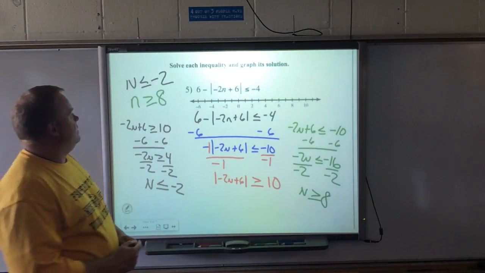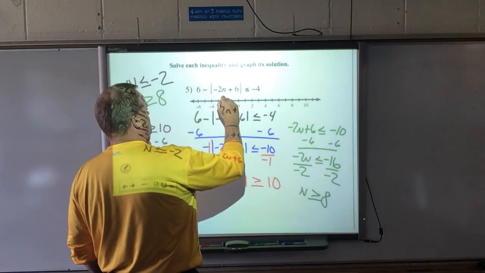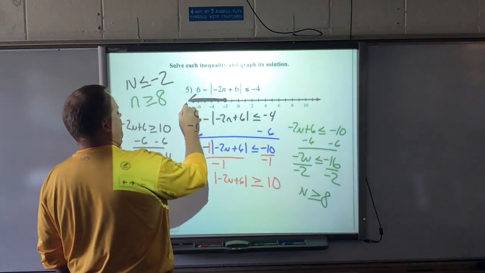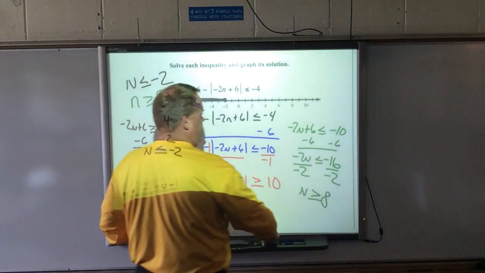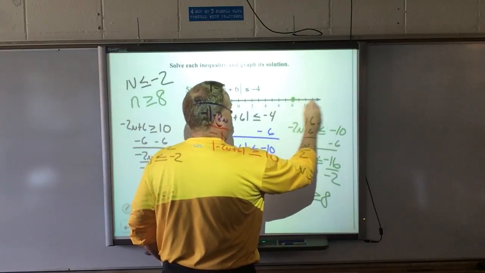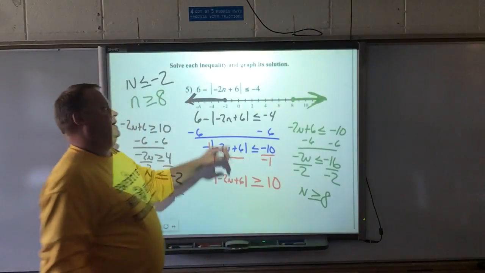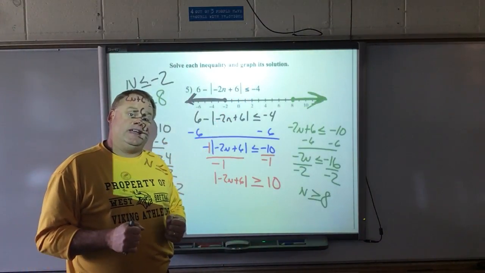So n less than or equal to negative 2. Close circle, since I have an equal to bar and I want to be less than. N greater than or equal to 8. Greater than or equal to, close circle, going this direction. And you're going, well, wait a second. We started with a less than, so shouldn't it be an and?